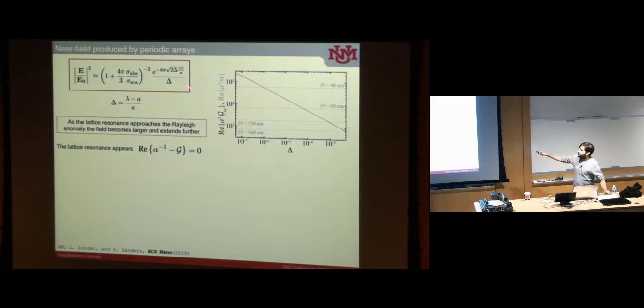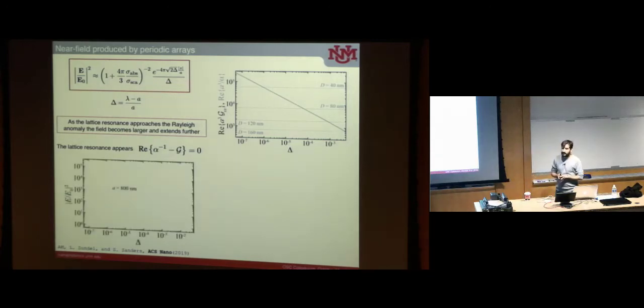And if our model is correct, we should expect to see a field that is larger and larger and larger. So if now you go and do a full calculation, solving Maxwell equations numerically, this is what you get. This is the resonance you get for a diameter of 160, calculated at a distance equal to a period away from the array. If I make it smaller and smaller and smaller, you see my field becomes larger and larger and larger.